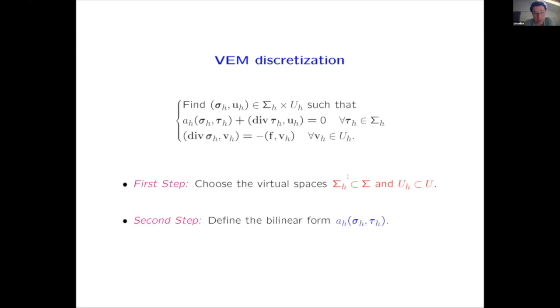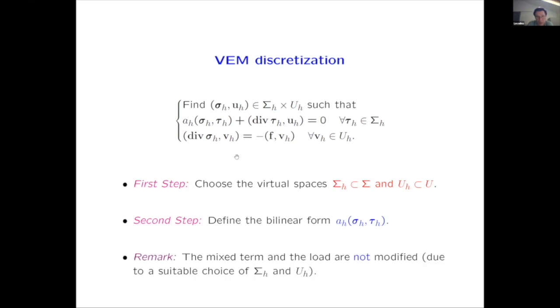And then after that, you have to define the approximated bilinear form Ah, which should mimic the original bilinear form A, which is more or less the L2 product between tensors. Okay. And in our VEM discretization that I will detail very soon, I would like to remark that this mixed term here, as well as the loading term here, are not modified.